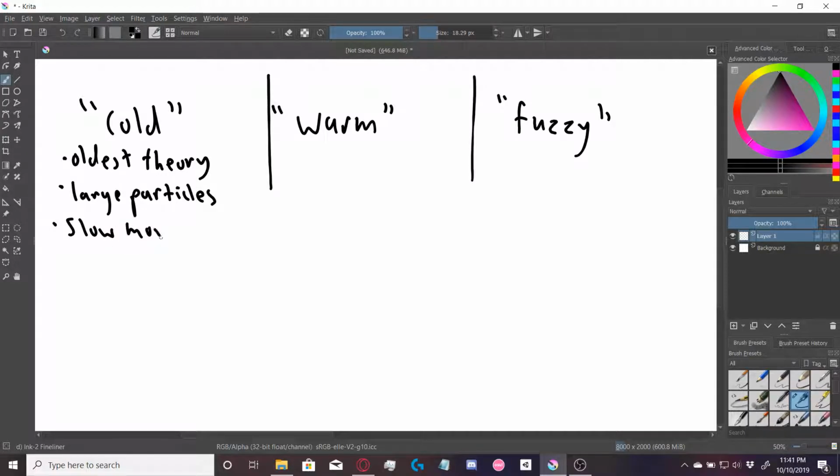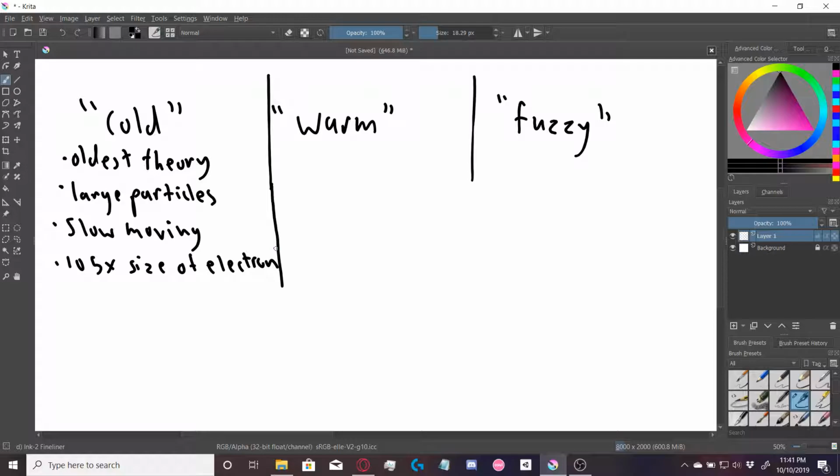It is also about 10^5 times the size of an electron. So that is the oldest and most accepted theory of dark matter, that dark matter is cold.